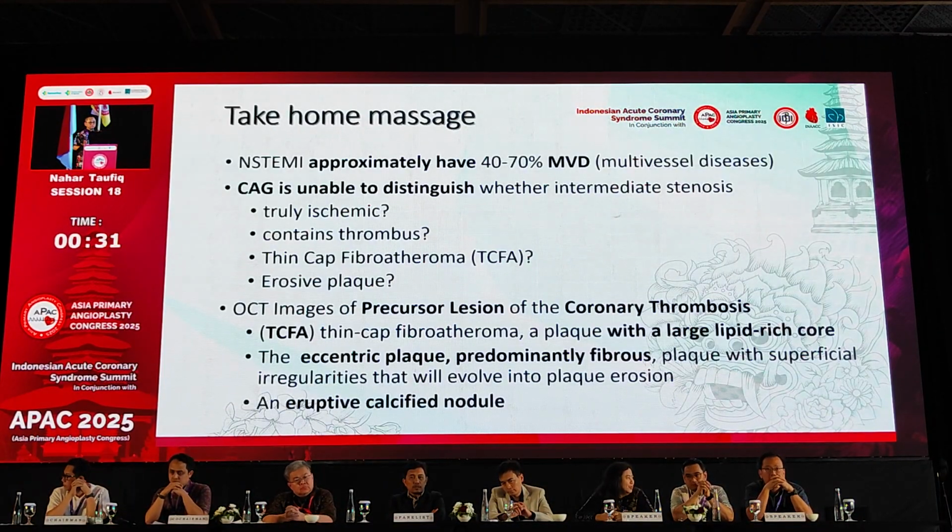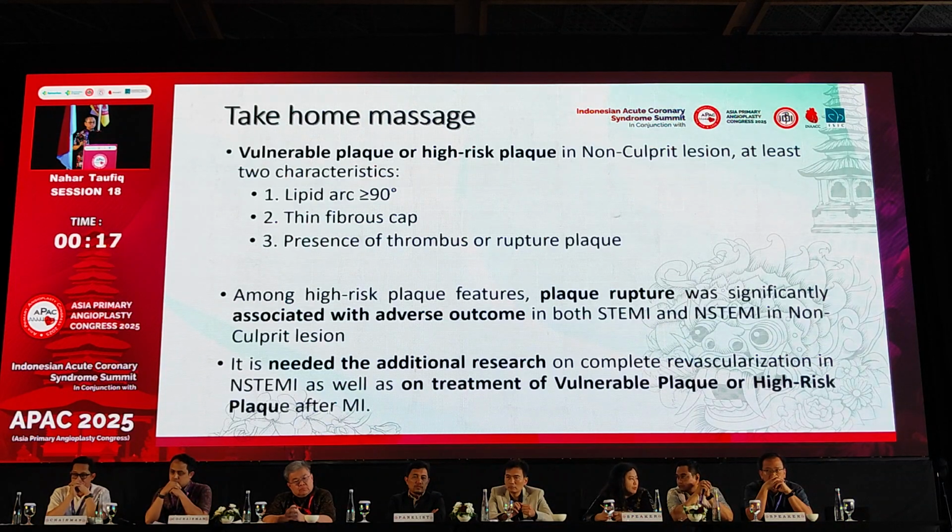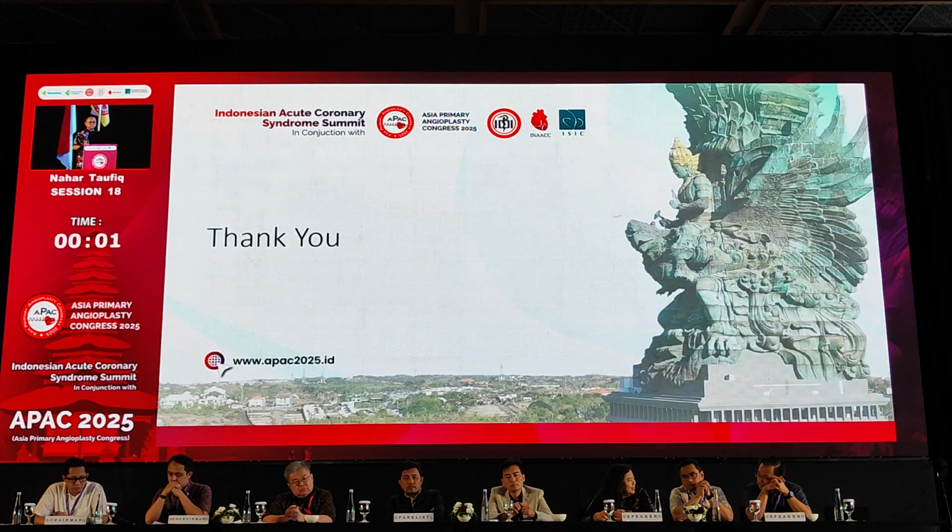So the precursor lesions of coronary thrombosis on imaging are thin-cap fibroatheroma, eccentric plaque, or eruptive calcified plaque, and maybe additional research is needed, especially on complete revascularization in STEMI as well as on treatment of vulnerable plaque or high-risk plaque after infarct. Thank you.